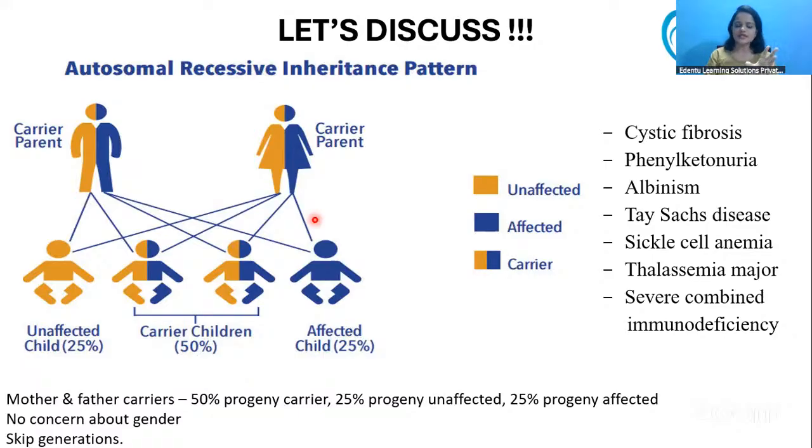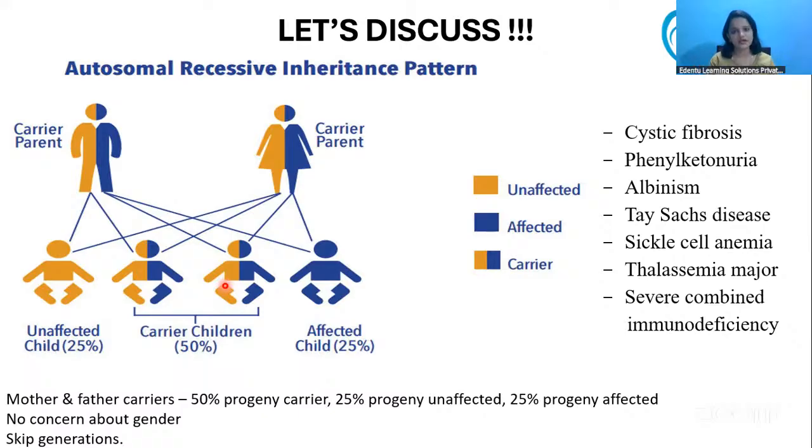When both are carriers, if the mother and the father are carriers, then 50% of the progeny will be carriers like this. Okay, 50% progeny will be carriers. That is, the mutated gene is there in the children also, but no clinical signs and symptoms will be there.